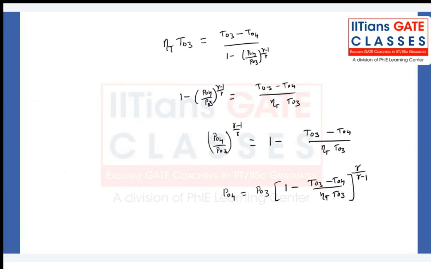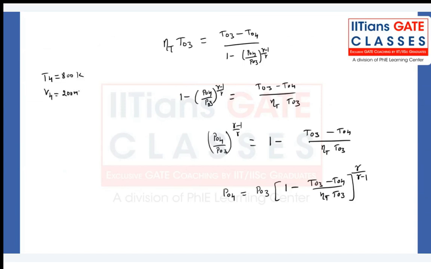Now everything is known to you. Put the numbers. P03 is 10 bar, T03 is 1350. T04 is not given directly, so we have to calculate it, because the static temperature is given as 800 Kelvin and the velocity is given as 200 meters per second.